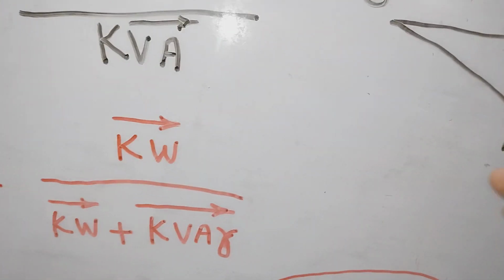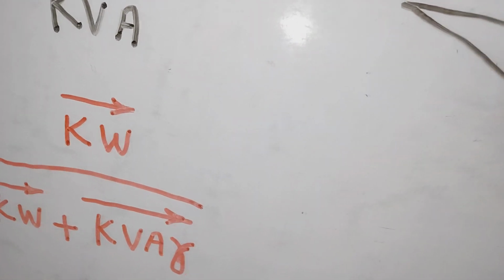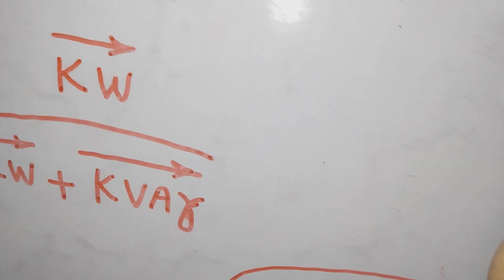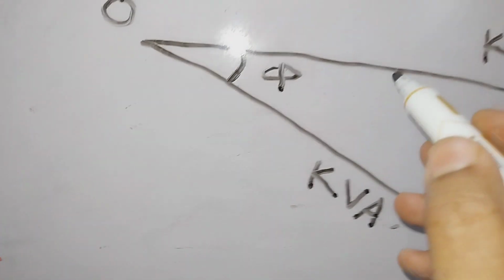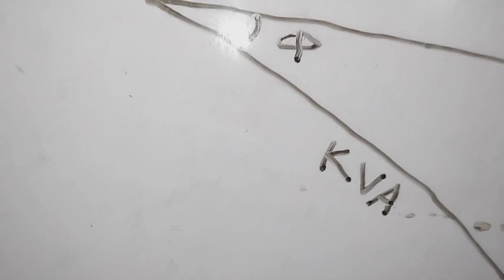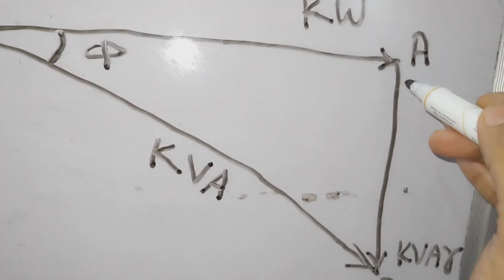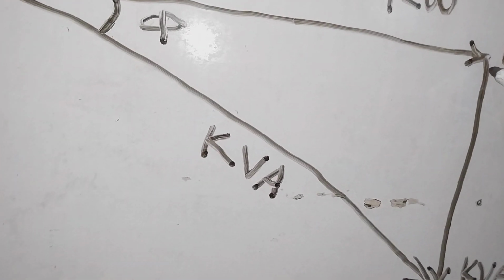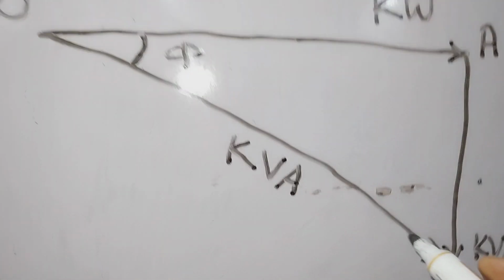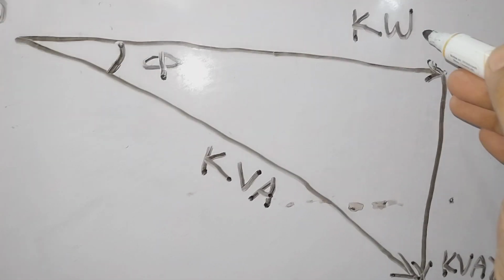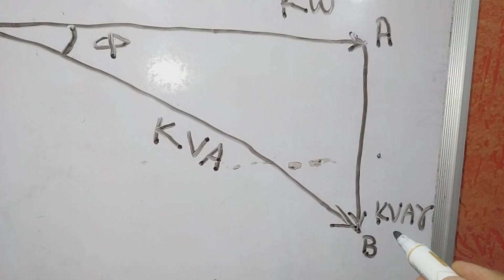This is an inductive circuit wherein the current lags the voltage by 90 degrees, and the vector sum of this active power and reactive power is apparent power, kVA.